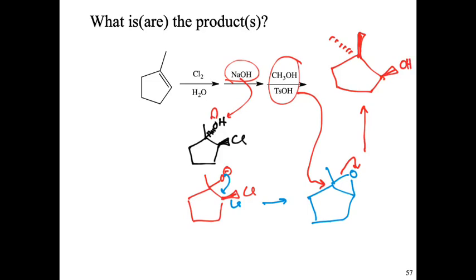What is that something else? Which of those species is our nucleophile? CH3OH or TsOH? Don't worry, we just did a lot of lecturing. Really don't blame you. TsOH. TsOH, acid.